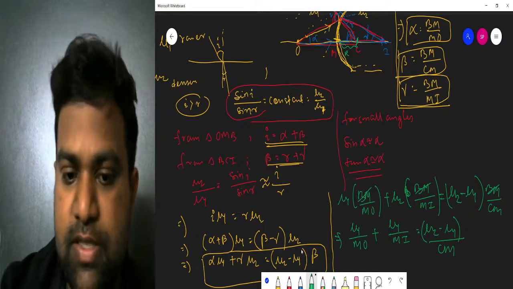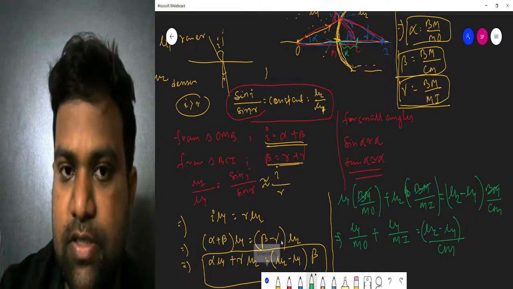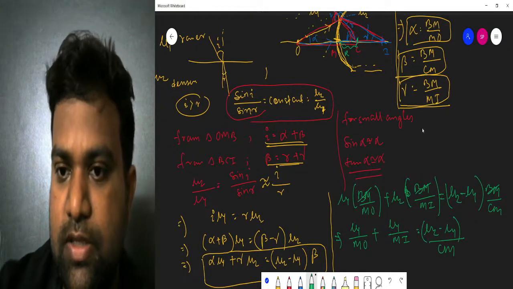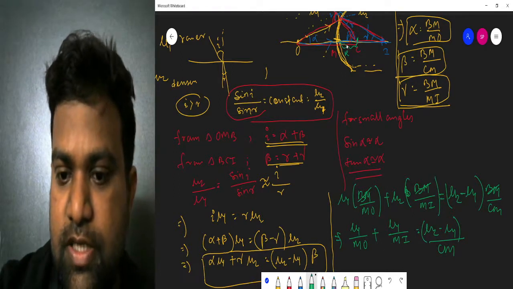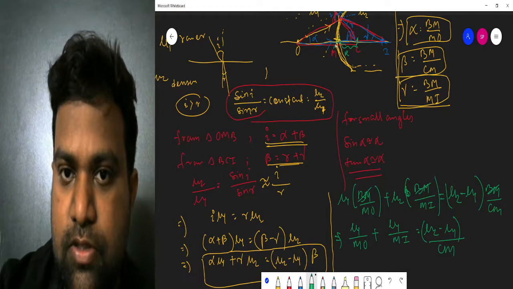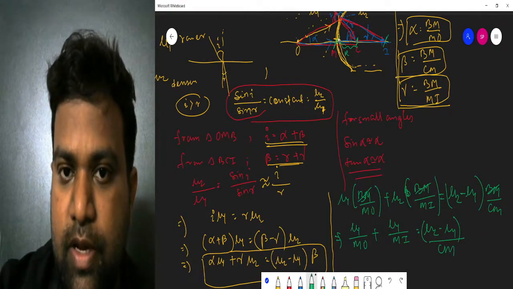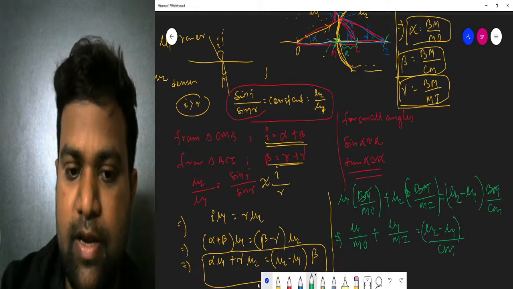As this is convex shape, we will use the sign convention. R will be positive in the right side, Mi is also positive, its right side, Mo will be negative, it's in the left side.